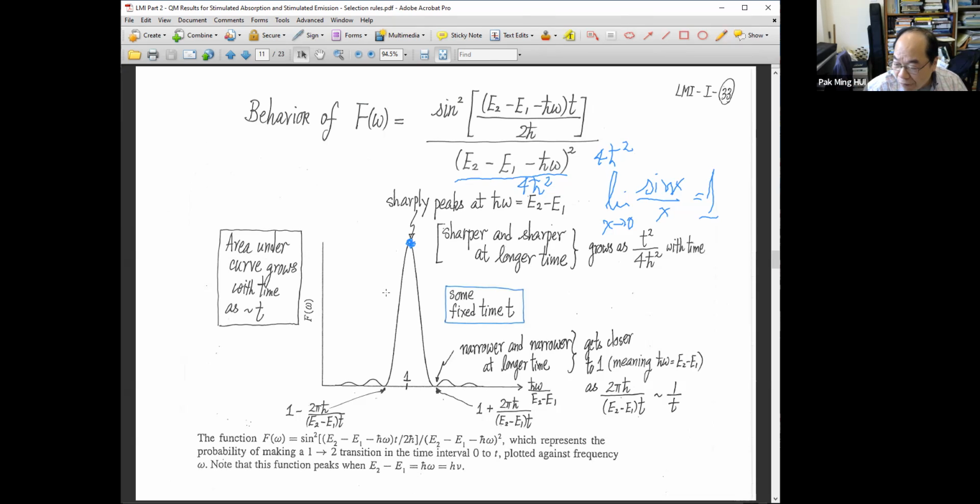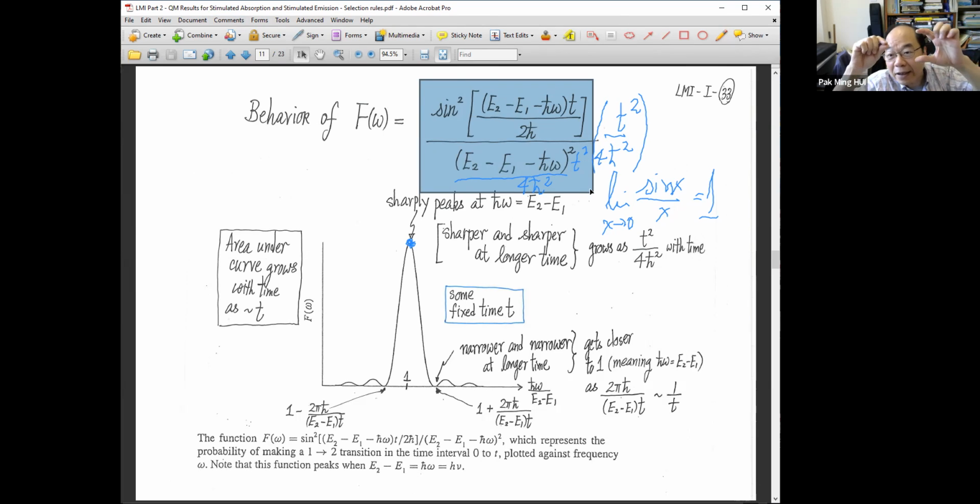And also if I fill in a t squared, it's also a 1, everything canceled out, right? But then for the thing here, when h bar omega hits the difference, this will be 1.